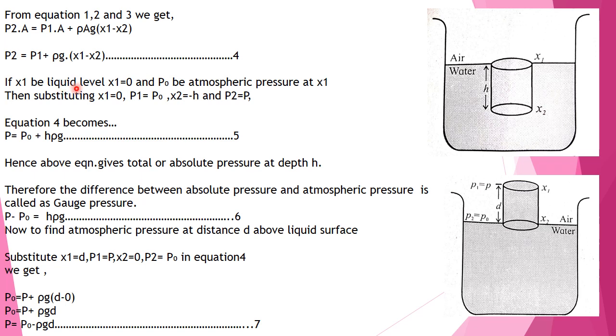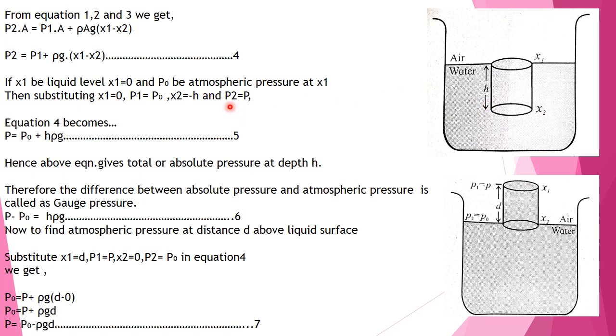If x1 is the liquid level surface, x1 should be equal to 0 and P0 is the atmospheric pressure at x1. Therefore, x1 is equal to 0, P1 is equal to P0, x2 is equal to minus h in the downward direction, that's why there is a negative sign.